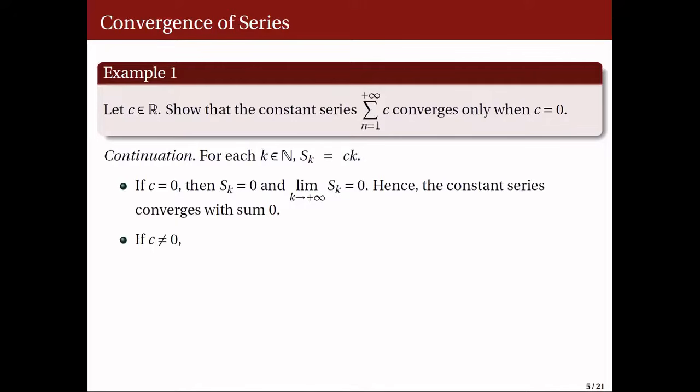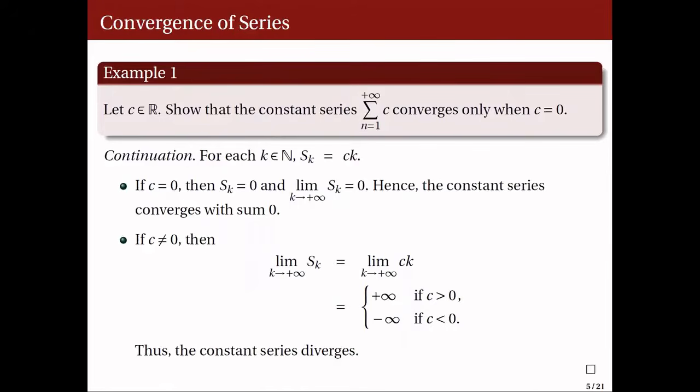On the other hand, if C is not equal to 0, then the limit of S sub k as k approaches infinity is equal to the limit of Ck as k approaches infinity, and we have two cases here. This is either equal to positive infinity if C is positive, or negative infinity if C is negative. Thus, the constant series diverges.